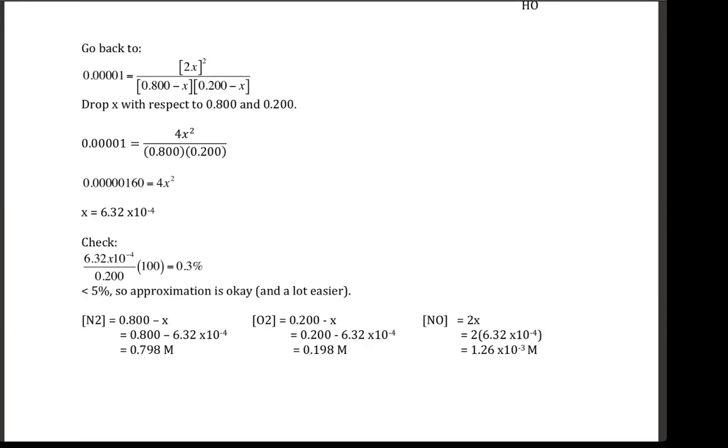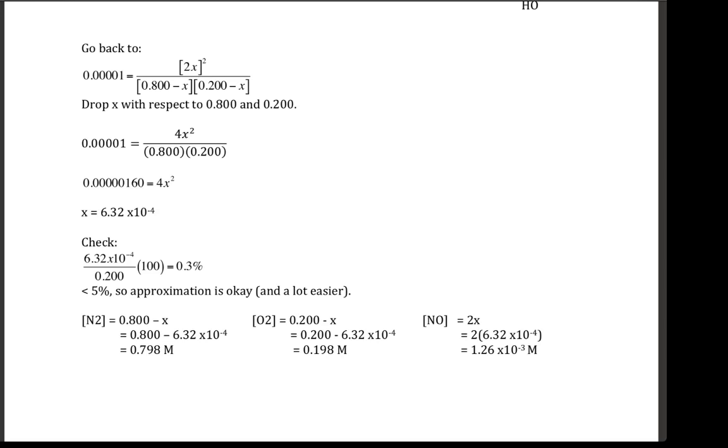But we're saying let's drop x with respect to the 0.800 and the 0.200. Because whenever we're subtracting a number from another number, if the amount we're subtracting is really, really tiny, then it's probably insignificant.